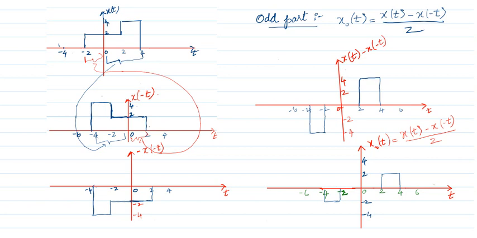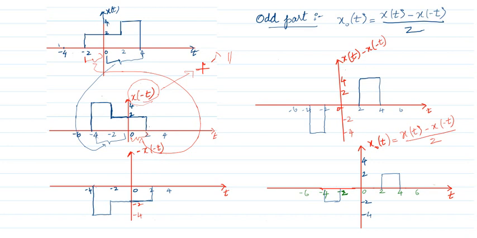This signal I am going to multiply with -1. What is the meaning? Positive will become negative, negative will become positive. So this is how I get. Positive has come to negative. Something in negative is there means go to positive. There is nothing in negative, so positive is empty here. Okay, so this is minus x of minus t.